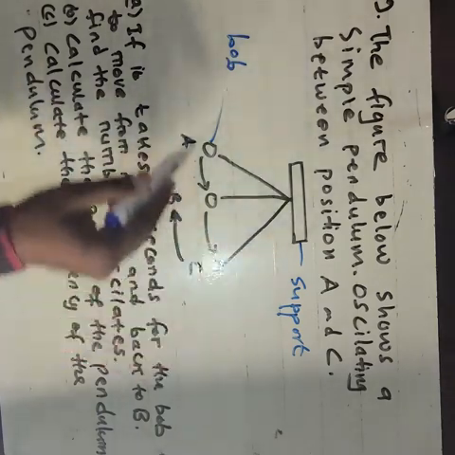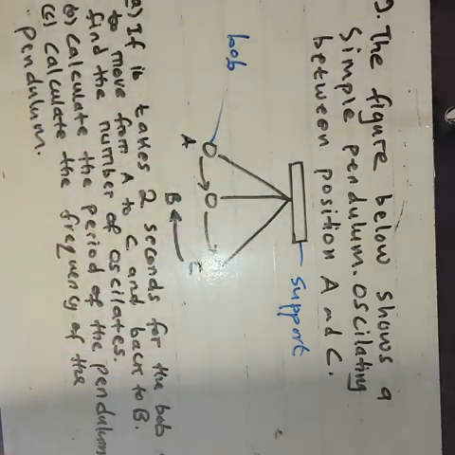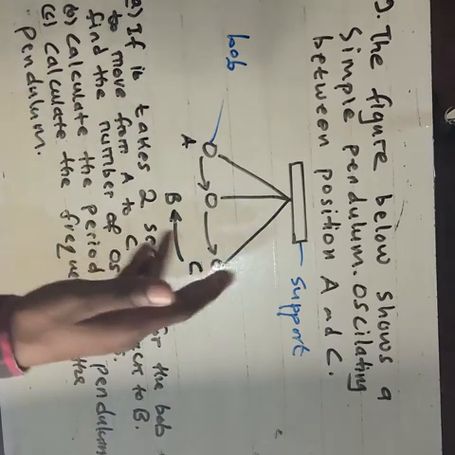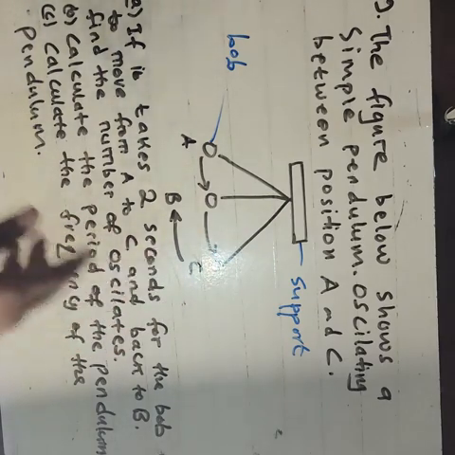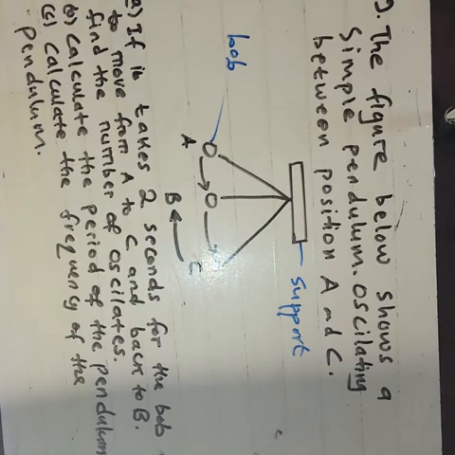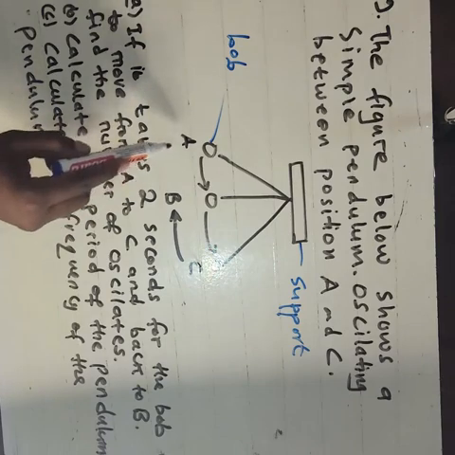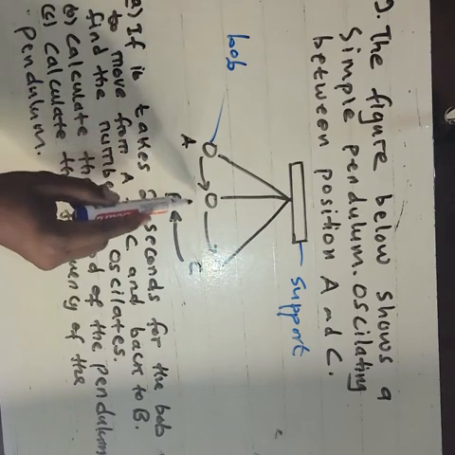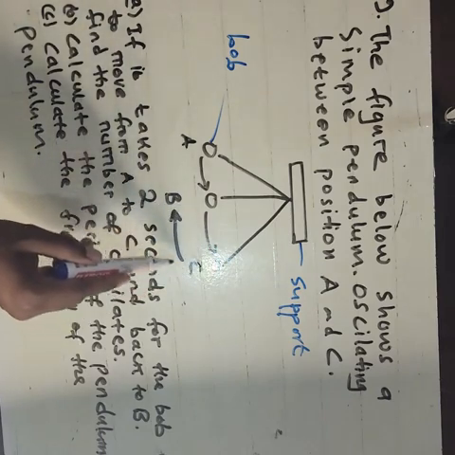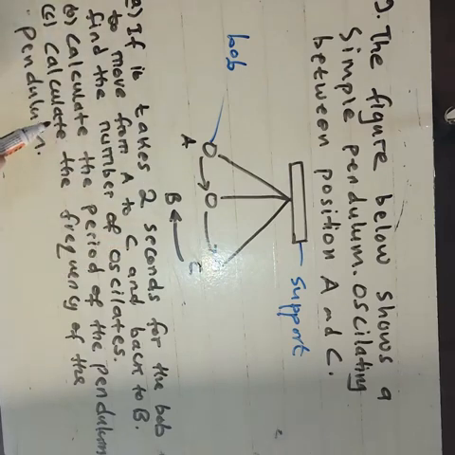If they ask you to state the factors that may affect the period of a pendulum, the length here affects the pendulum. So this is our bulb. Our bulb is moving. How is it moving? It's moving from A to B to C and back to B.